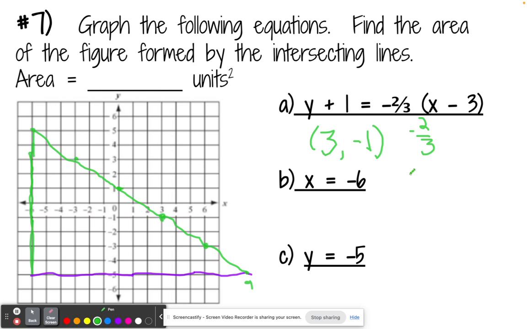And if you recall, the area of a triangle is 1/2 base times height. My height is 1, 2, 3, 4, 5, 6, 7, 8, 9, 10. My base, I have 1, 2, 3, 4, 5, 6, 7, 8, 9, 10, 11, 12, 13, 14, 15.